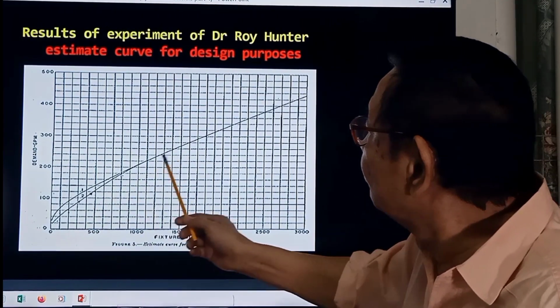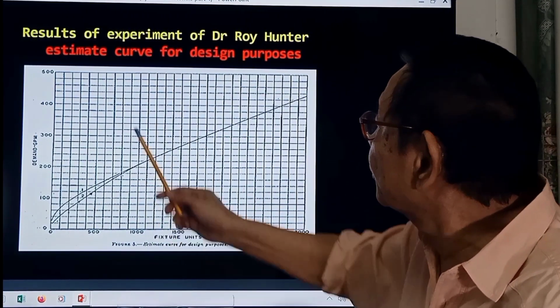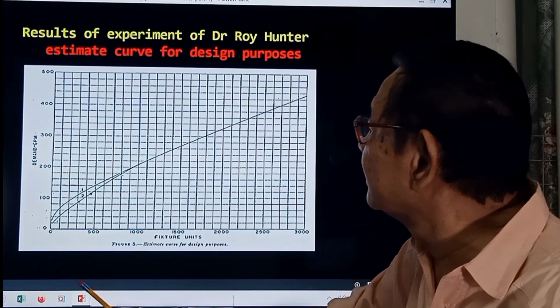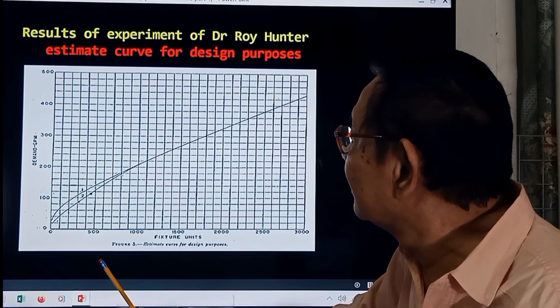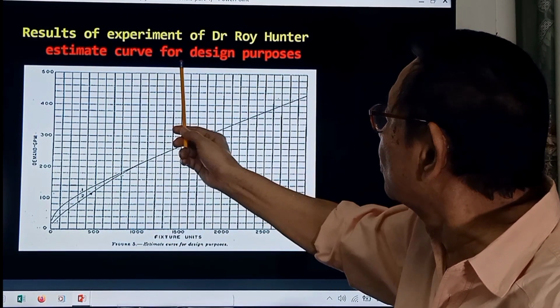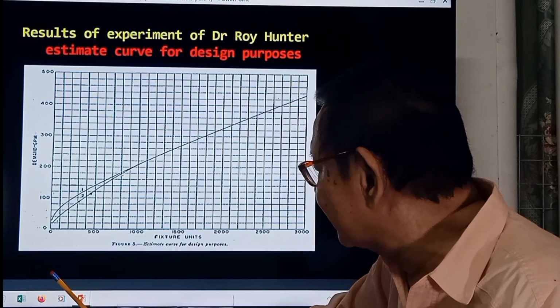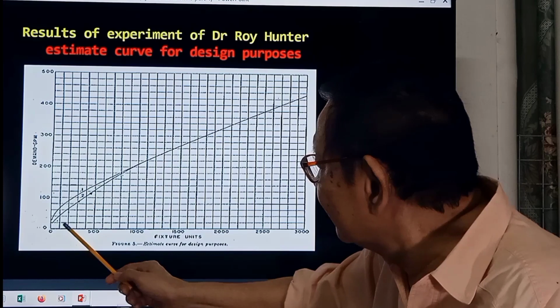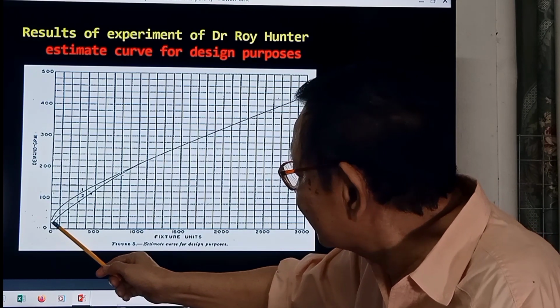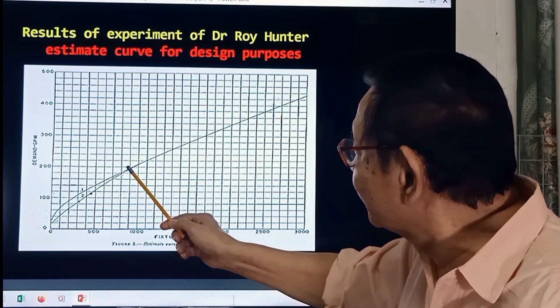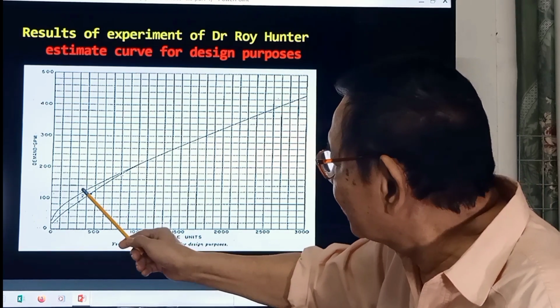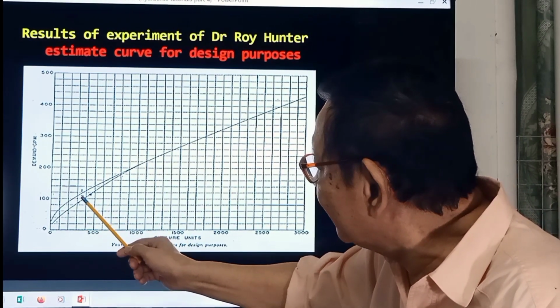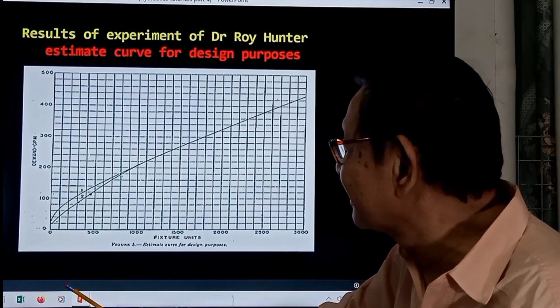This is the curve as the result of the experiment of Dr. Roy Hunter. The estimate curve for the design purposes. This is from Dr. Roy Hunter, and he has elaborated also to a certain point that a predominantly flush valve and the predominantly flush tanks.